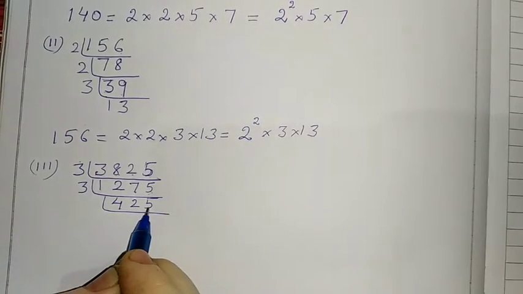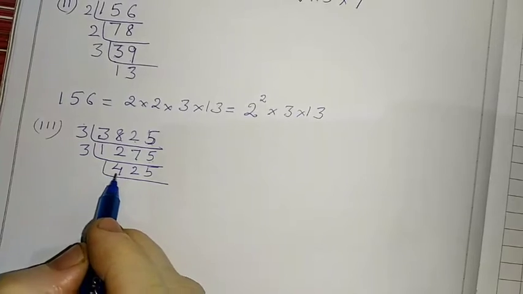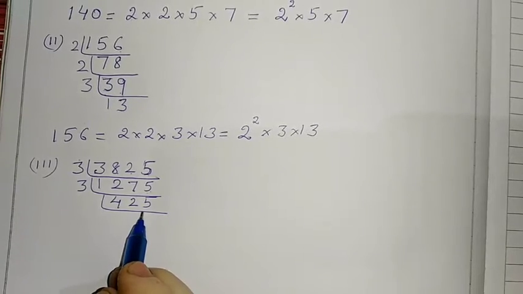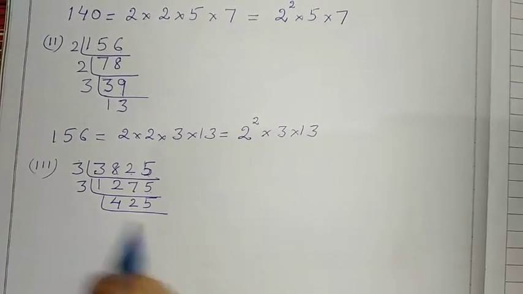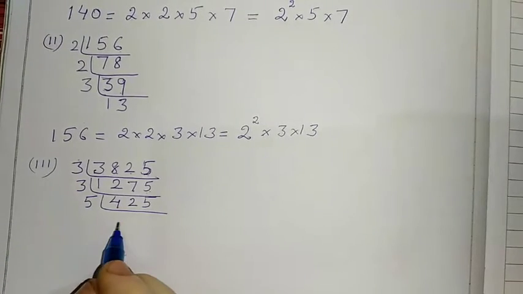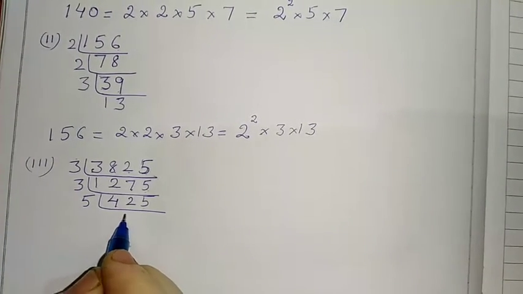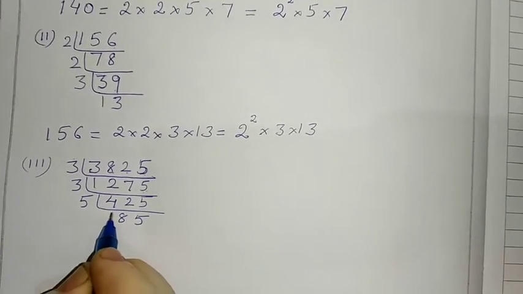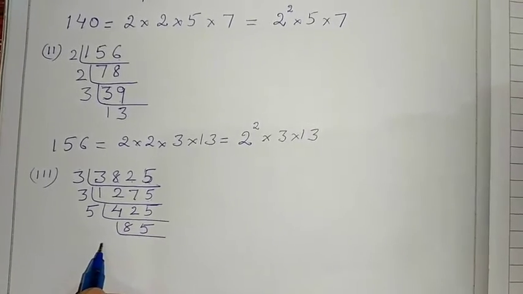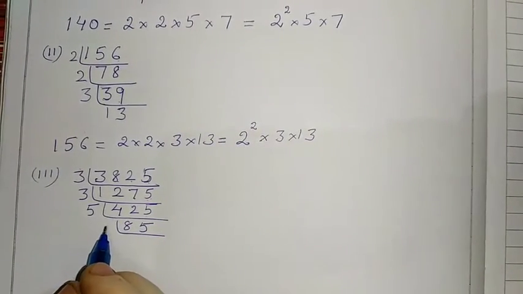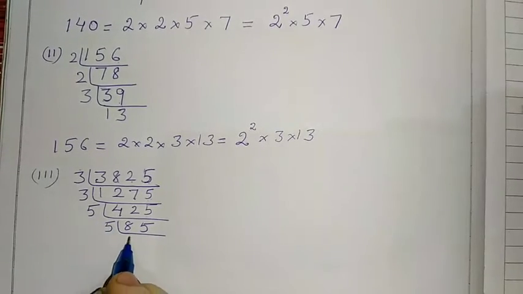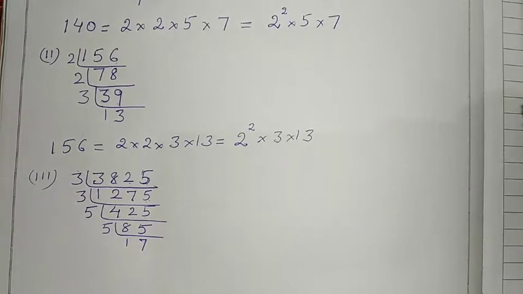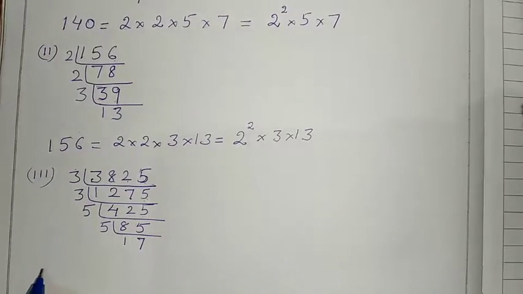Now this is not divisible by 2, and 4 plus 2 is 6. 6 plus 5 is 11. This is not divisible by 3 also. But it's divisible by 5 because the one's digit is 5. Divide by 5. 5 8s are 40 and 5 5s are 25. Now again this number is divisible by 5. 5 ones are 5 and 5 sevens are 35. 17 is a prime number, so it's not divisible by any other number.